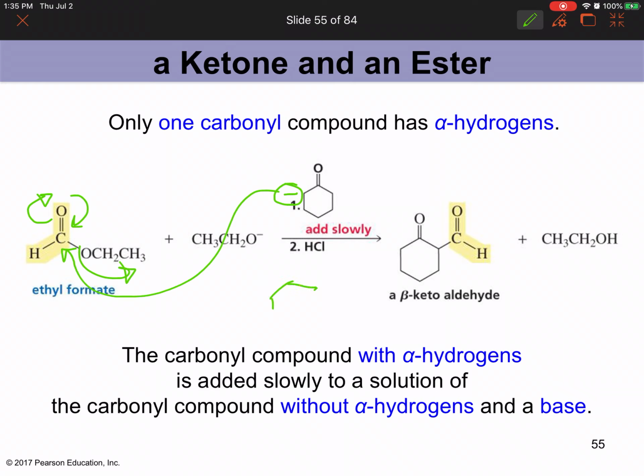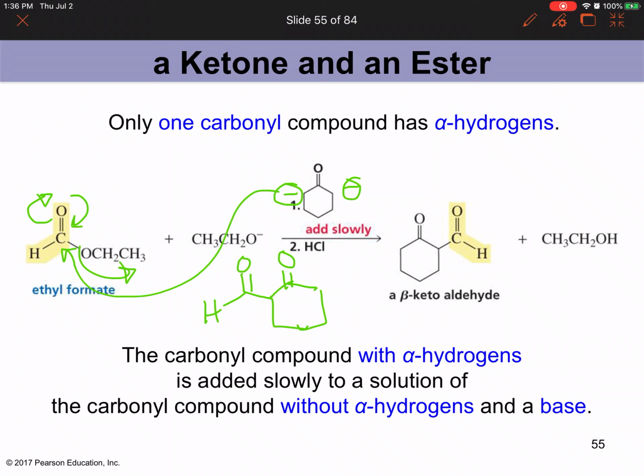So what you are doing is you have this group, and on this position you are adding this group. See? That's what happened. It can happen onto any side of this one. So that's a beta-ketoaldehyde. The carbonyl compound with alpha hydrogens is added slowly to a solution of the carbonyl compound without alpha hydrogens and a base.